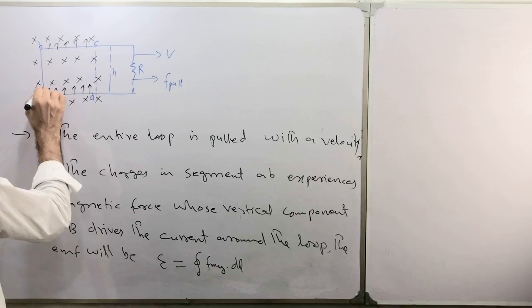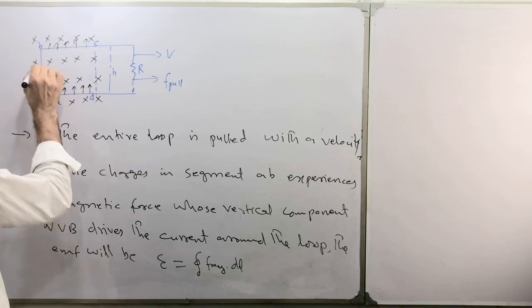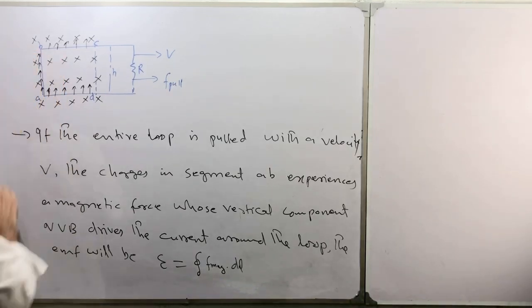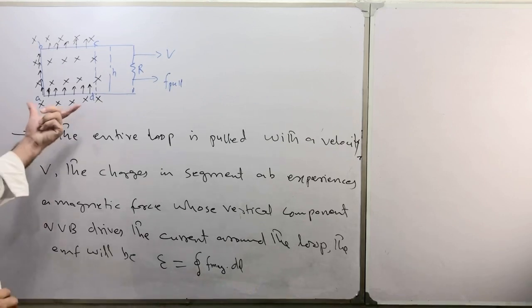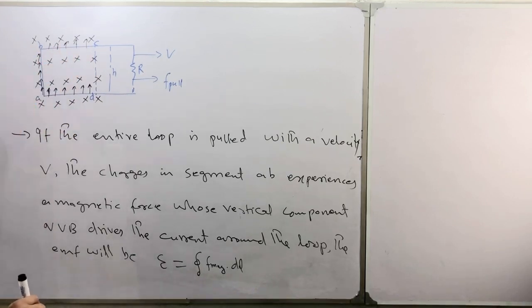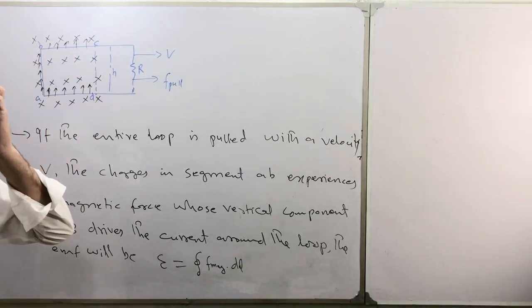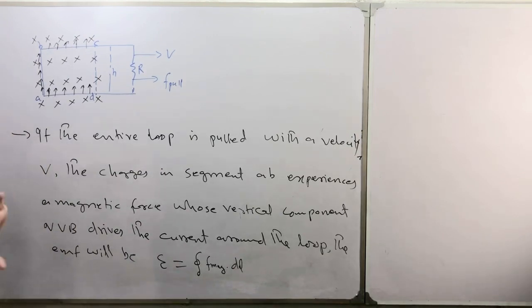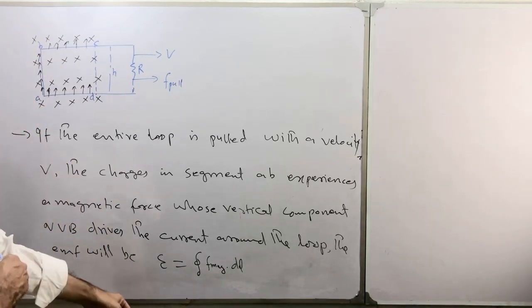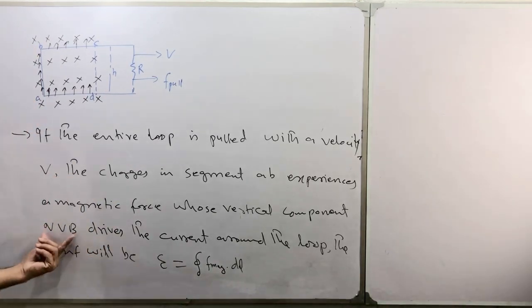So AD and BC contribute nothing, but only AB will contribute, and the charges inside AB experience some force, which may be represented as qvB.